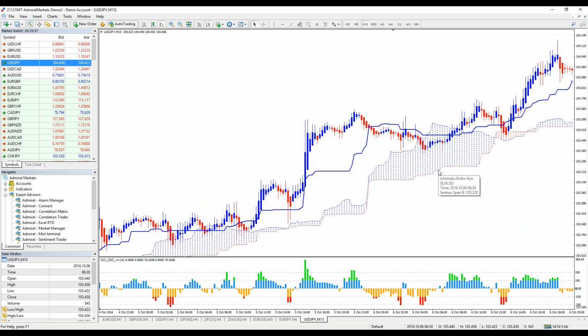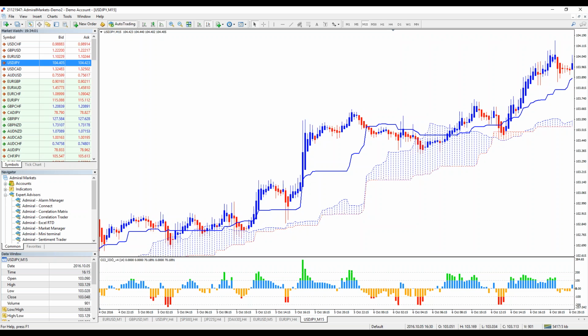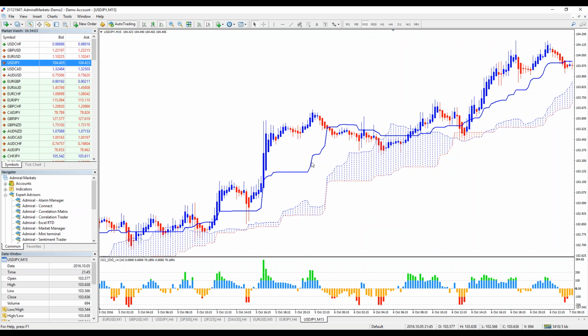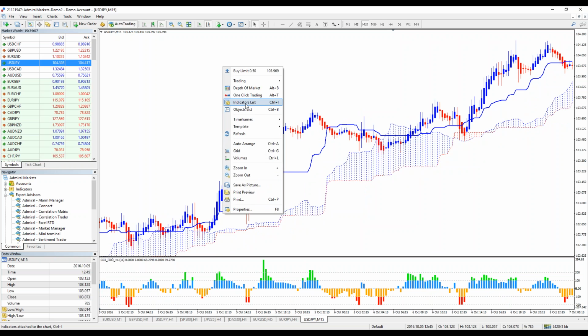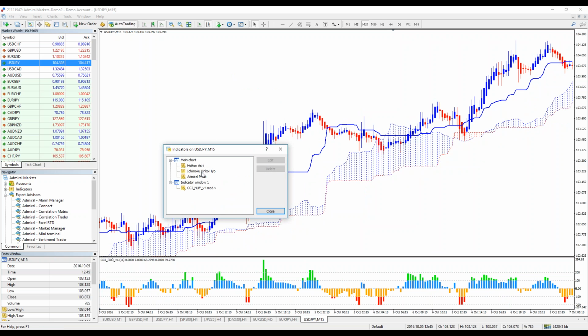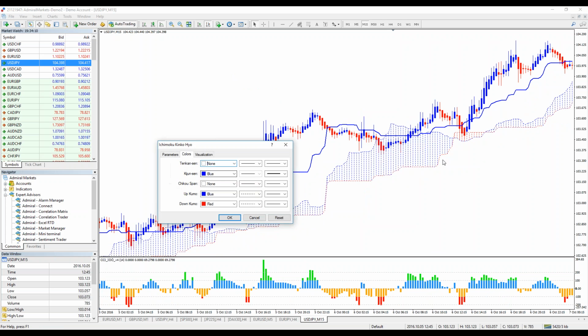So how do we actually use the Heiken Ashi system? Okay, as you can see, this is Ichimoku, but this is the Kijun-sen line. You need to see it like this. When you open the Ichimoku indicator, you will see that I removed some of the lines.